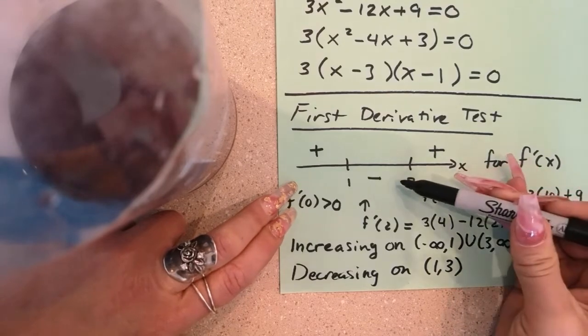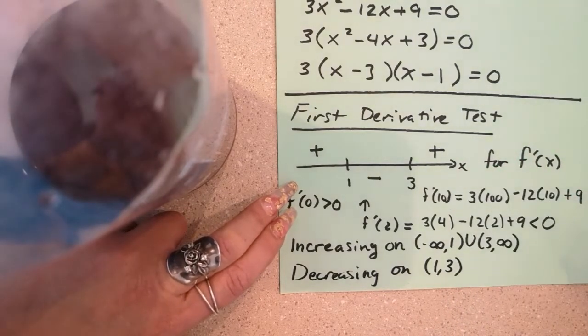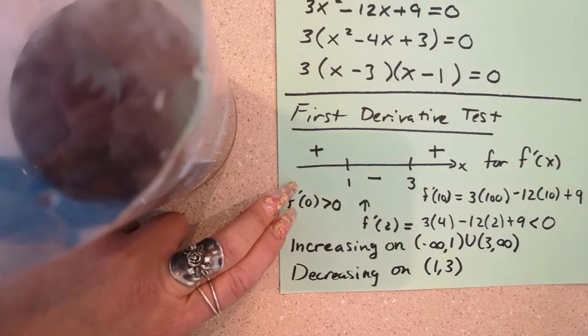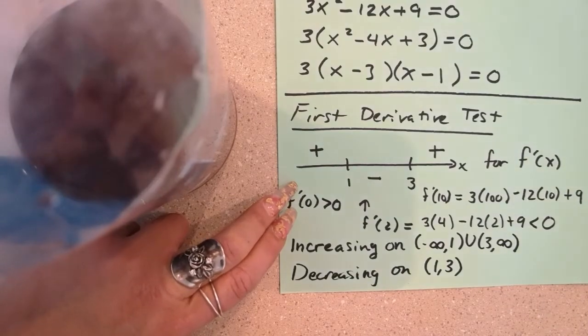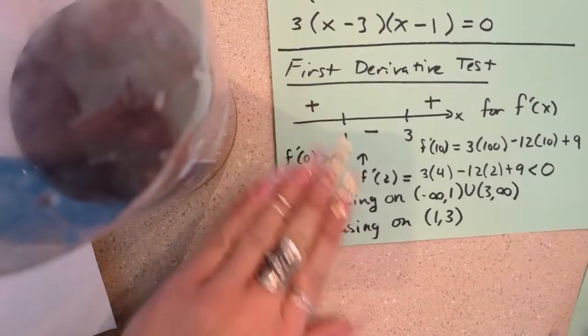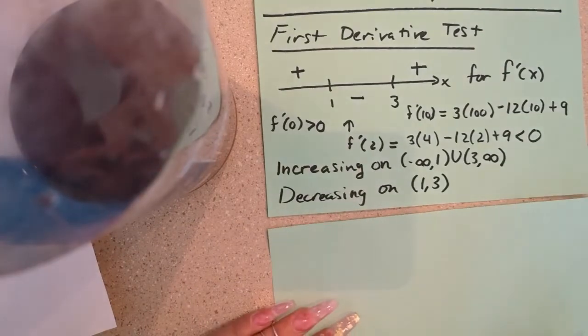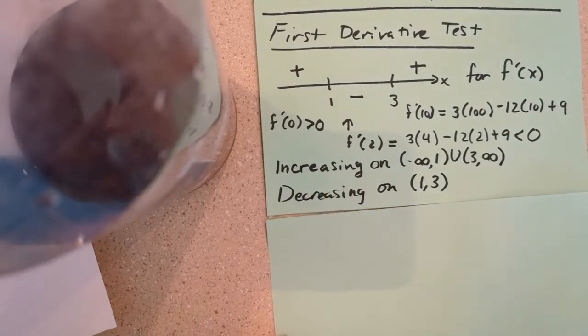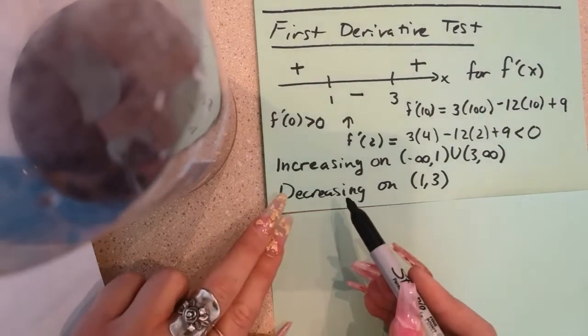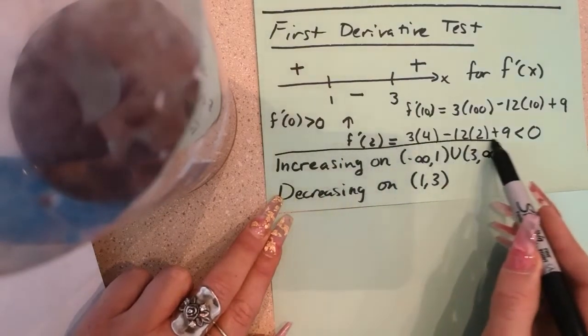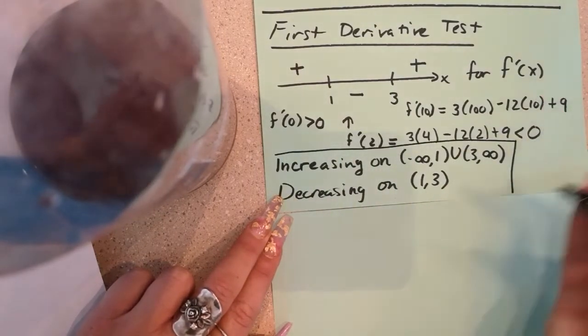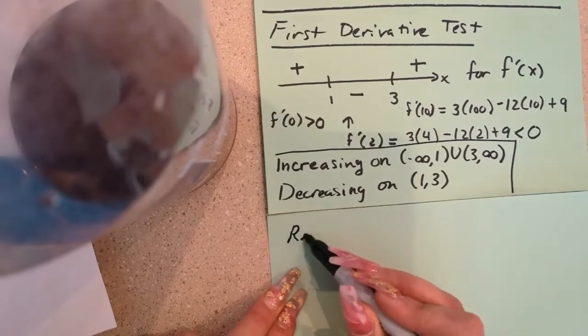That would be where the first derivative is negative. So based on this information, I could also reach a conclusion about local extrema or relative extrema.